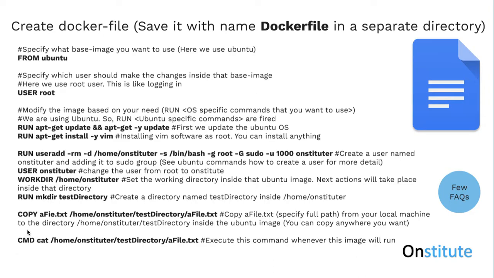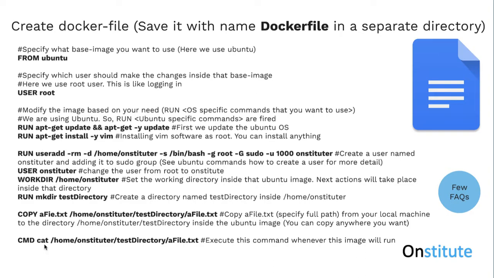The last command of the Dockerfile is the CMD command. CMD basically specifies the command that you want to execute while launching the image, or when you start running the image.